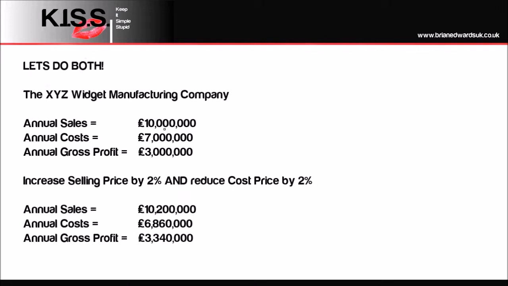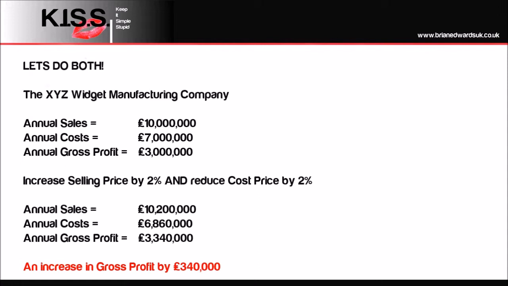The annual costs have reduced from 7 million to 6.86 million, and our annual gross profit is now 3,340,000 versus the original 3 million before we took the initiative. So we've got an increase in gross profits of £340,000.